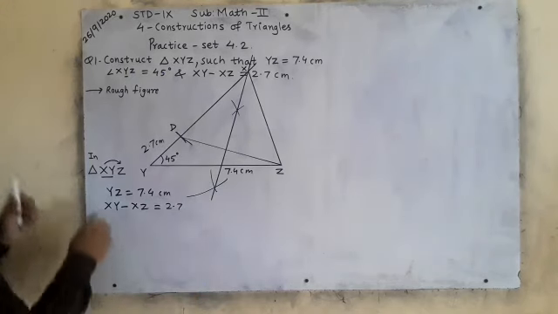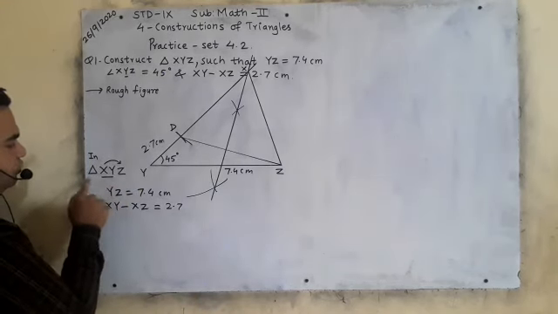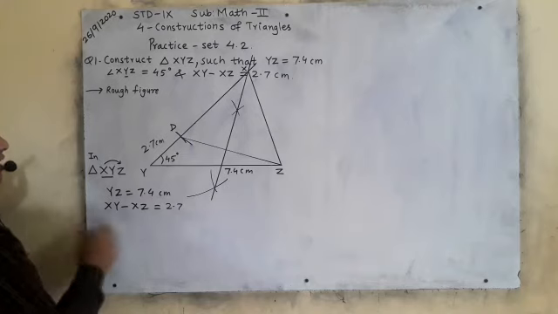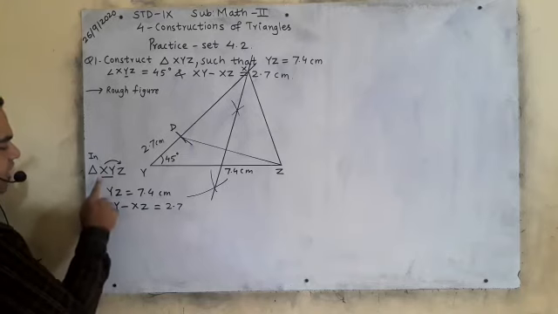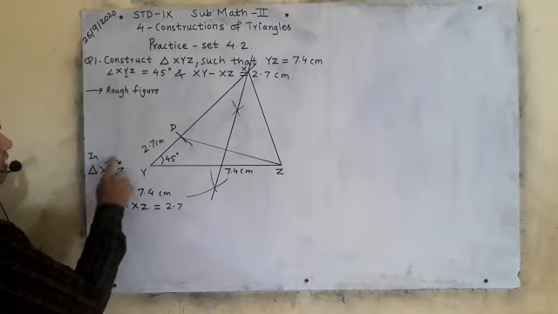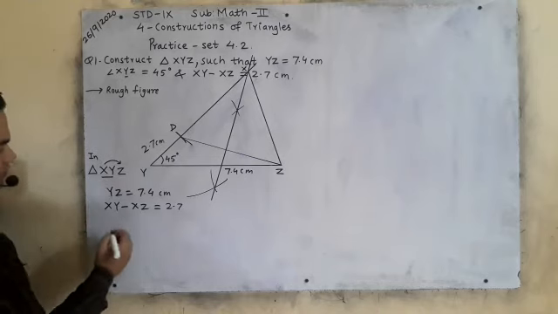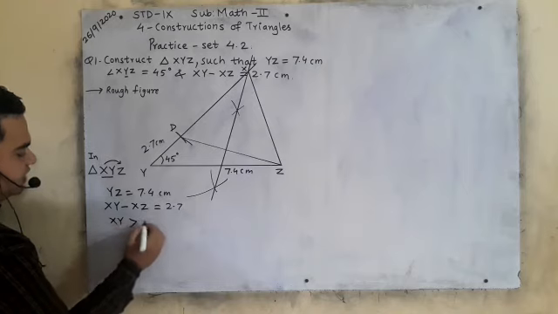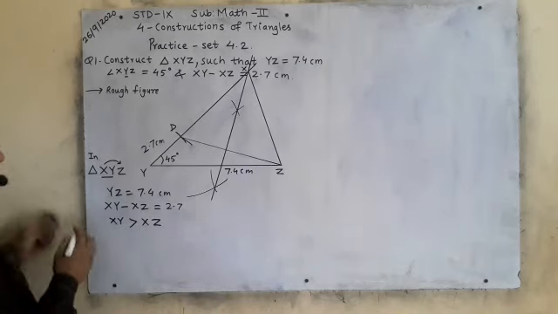Look here, the name of this figure is given to you, triangle XYZ. And what is the difference given here? XY minus XZ. It means XY is greater than XZ. Is it clear?